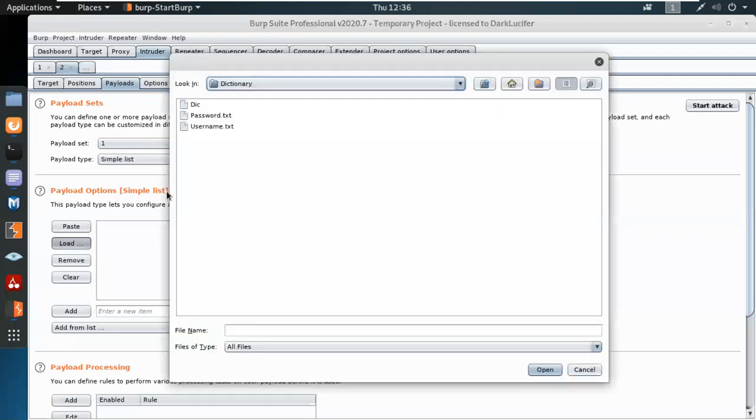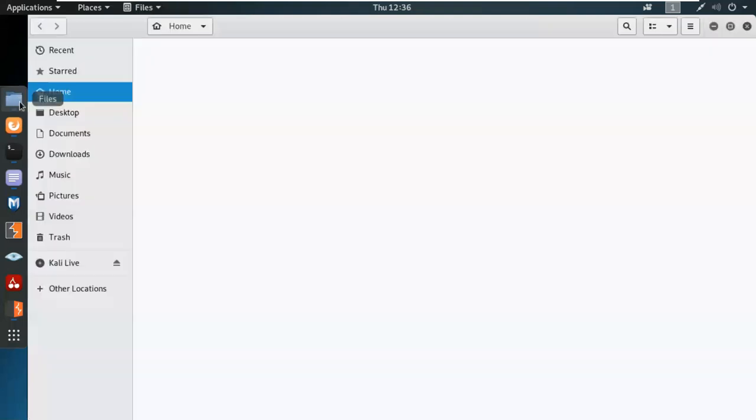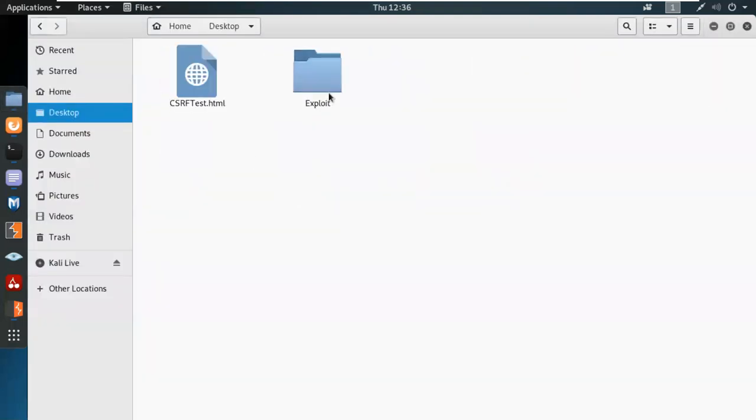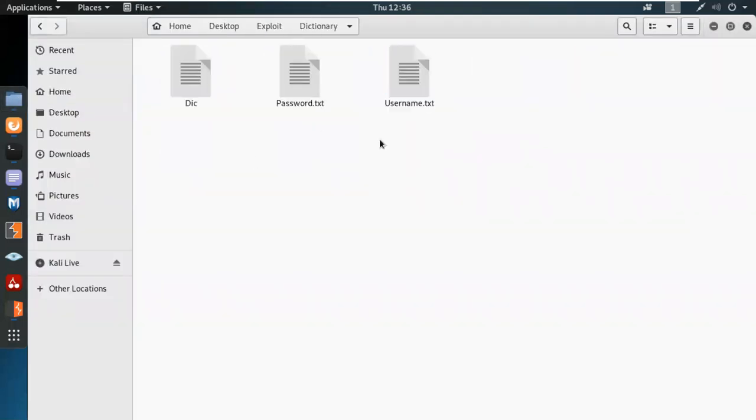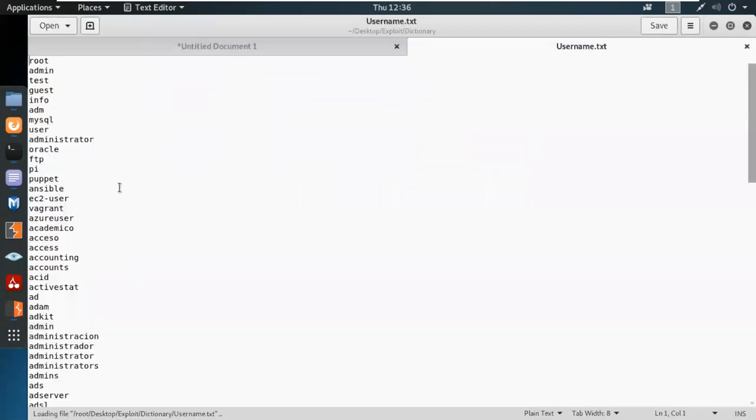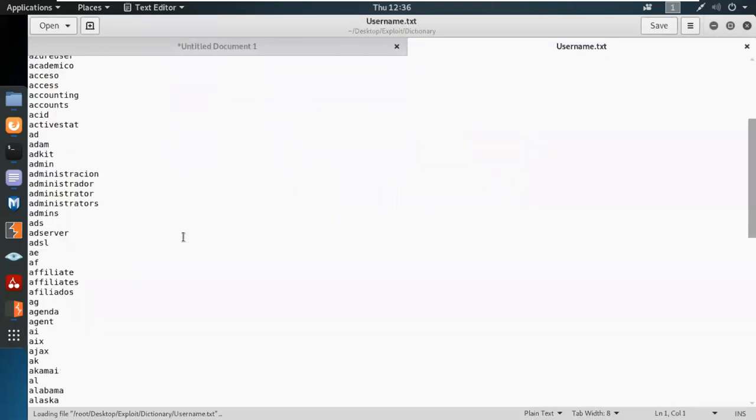So let's load the dictionary. I forgot to tell you that I already have the dictionary in my word list. You can see over here in the exploit dictionary, the username list. I already made a word list with the same dictionary.